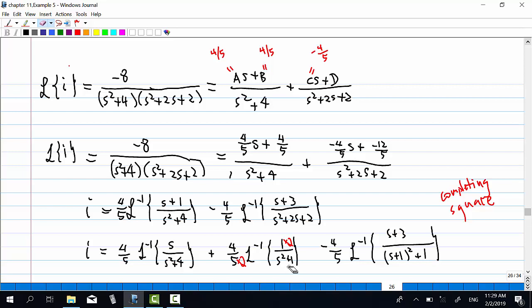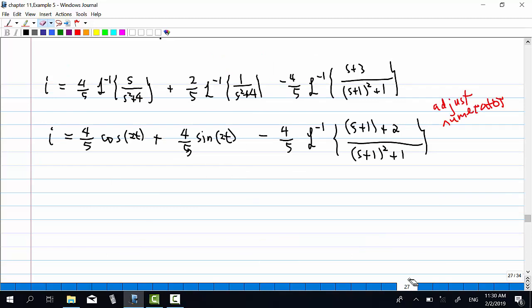And then the last term, minus 4 over 5, inverse Laplace transform of s plus 3 over s squared plus 2s plus 2. S squared plus 2s plus 2, you can complete the square, and it becomes s plus 1 squared plus 1. Now adjust the numerator, since the denominator has a copy of s plus 1. So s plus 3 becomes s plus 1 plus 2, and now apply the first shift.